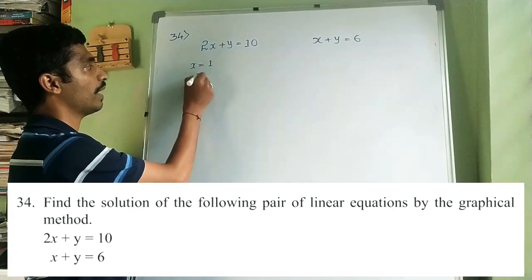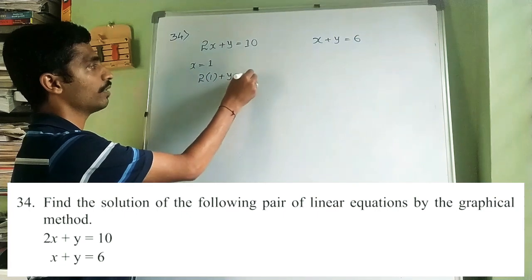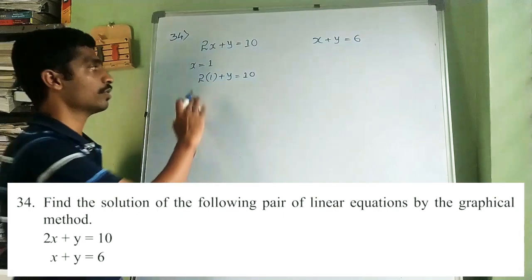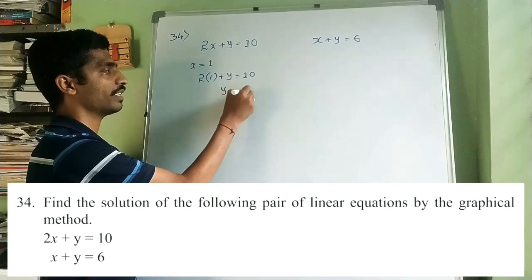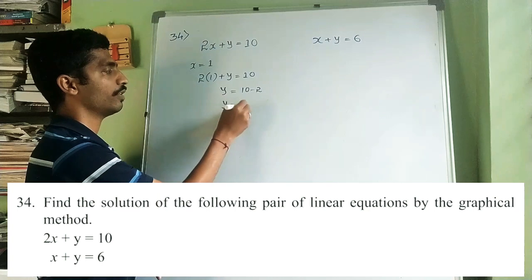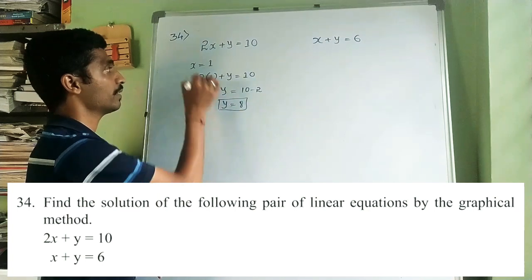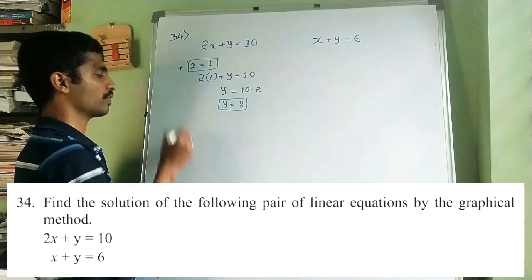If I take x equal to 1, it becomes 2 into 1 plus y equal to 10. Okay, so take 2 ones are 2 here, to right side, that becomes y equal to 10 minus 2. So y equal to 8. So whenever x is 1, y is 8. So this is our first solution.